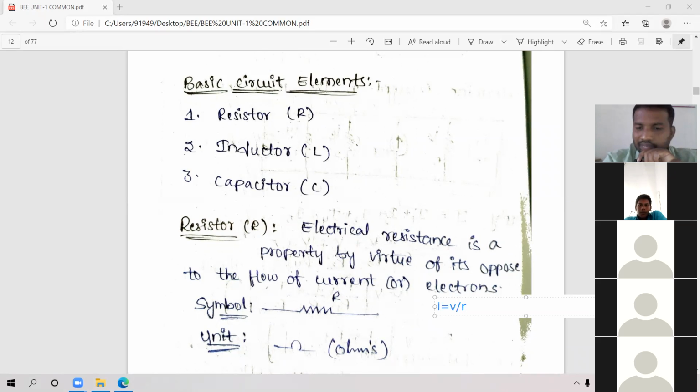So clearly we can say that I is inversely proportional to resistance. Yes, inversely proportional.